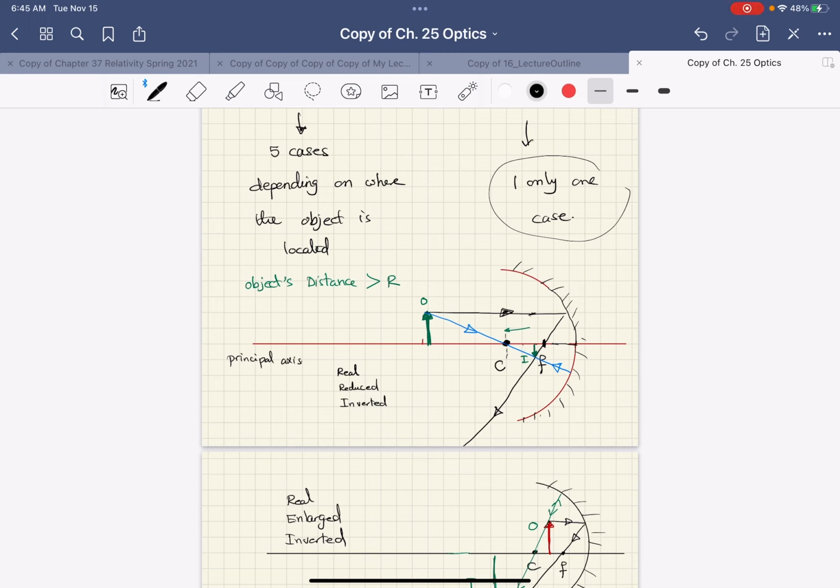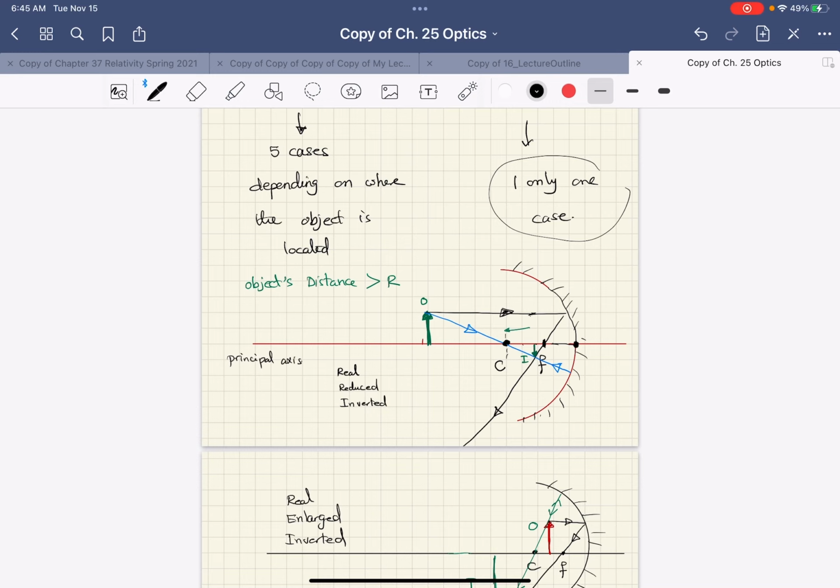And C is the center of the sphere that this mirror was formed from. R is from C to this point. F, which is the focal length of the mirror, is halfway between C and this point.